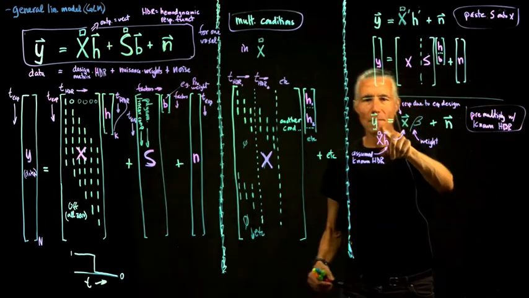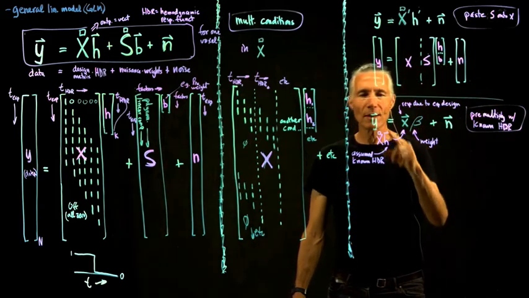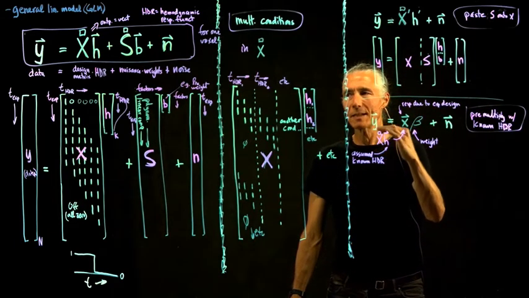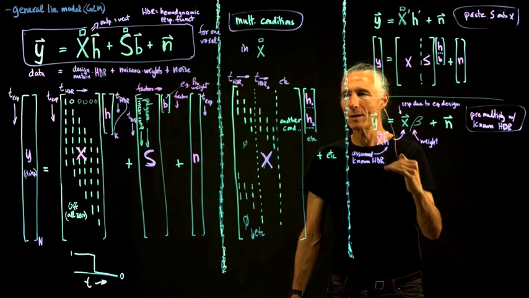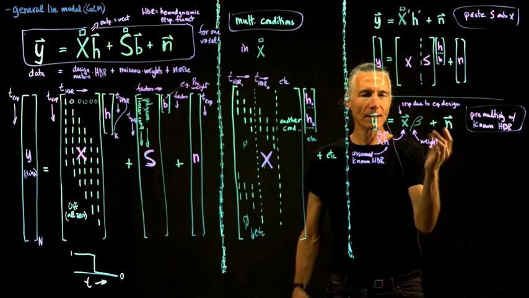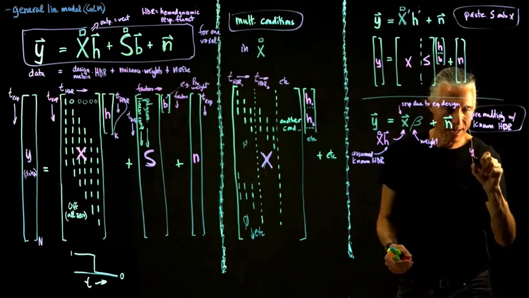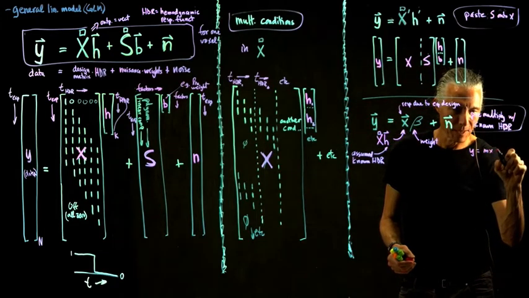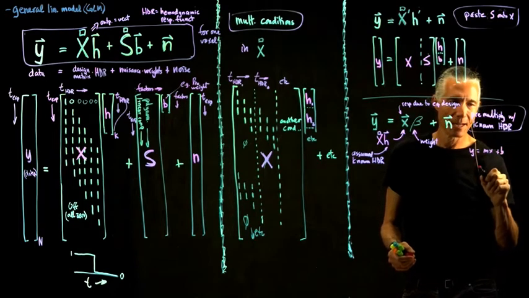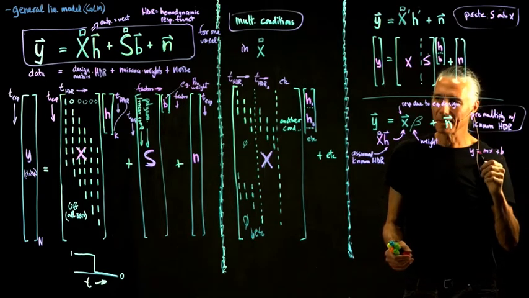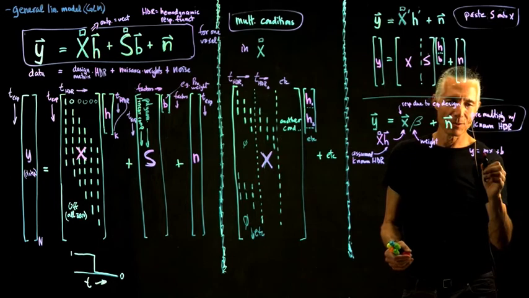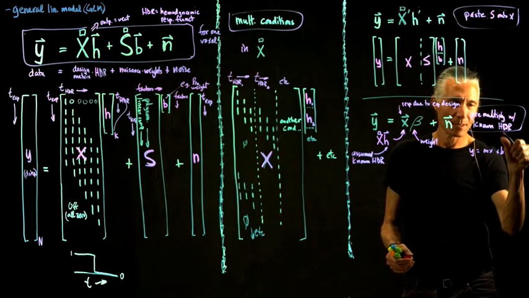So now we just have a vector equation, but what is a vector equation? It's basically a whole set of simultaneous equations. And when you look at this, now you can see it looks like y equals mx plus b. It looks like a linear equation. Y equals slope times x plus intercept.